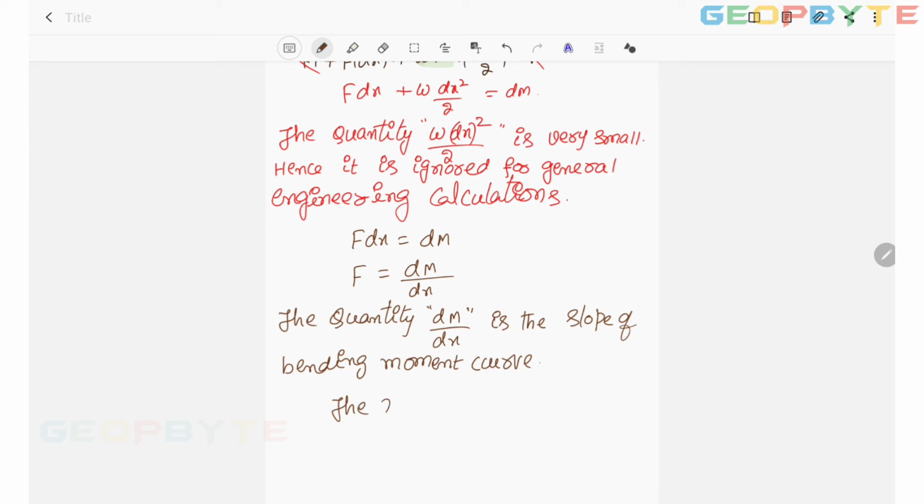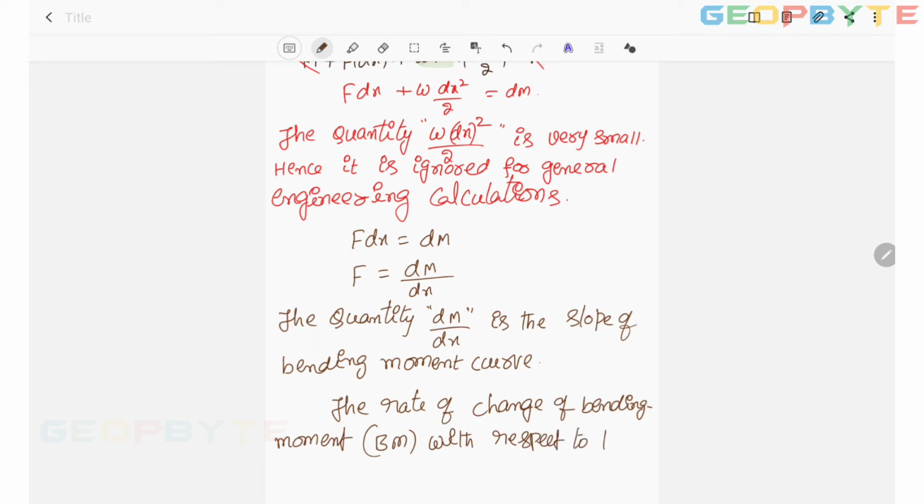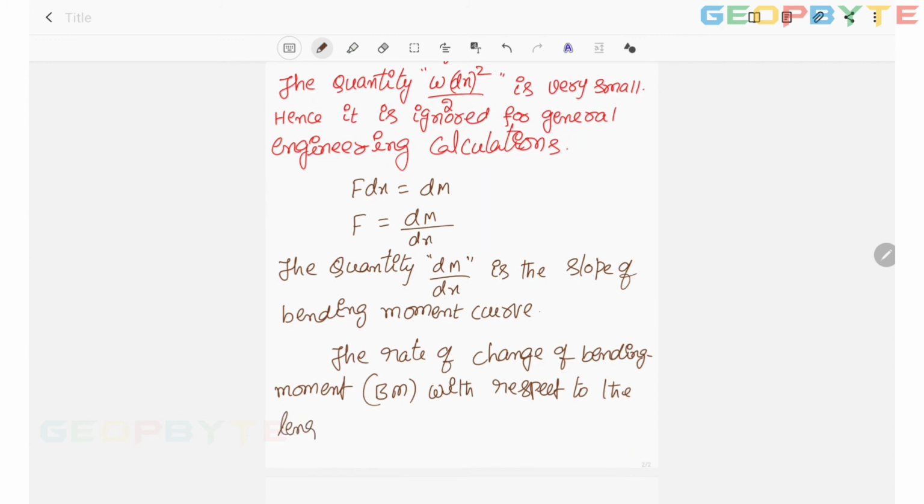The rate of change of bending moment, BM, with respect to the length dx is equal to the shear force.